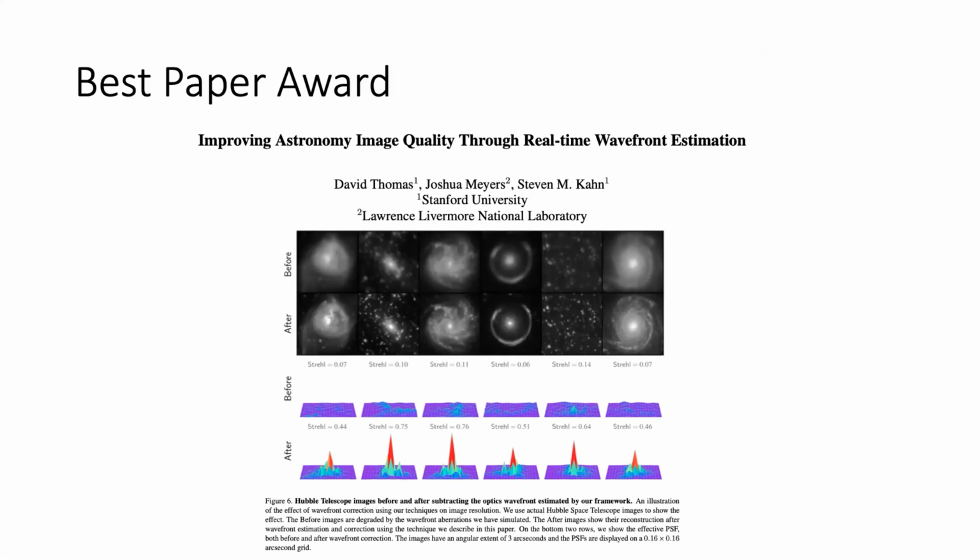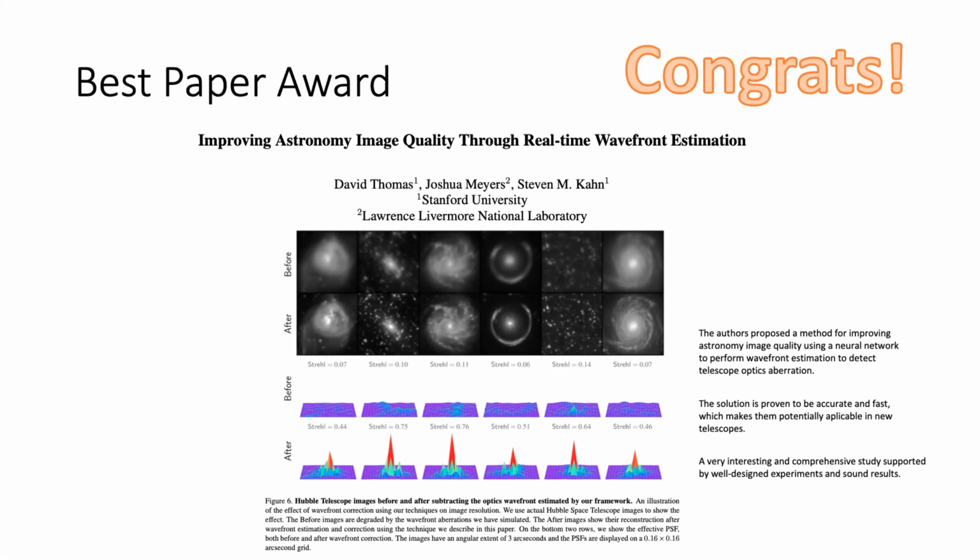So now for the Best Paper Award, it goes to Improving Astronomy Image Quality Through Real-Time Wavefront Estimation, presented today by David. Congratulations to David and his colleagues from Stanford University and Lawrence Livermore National Labs. Why do the program chairs think that this is an award-winning paper? The authors proposed a method for improving astronomy image quality using a neural network.